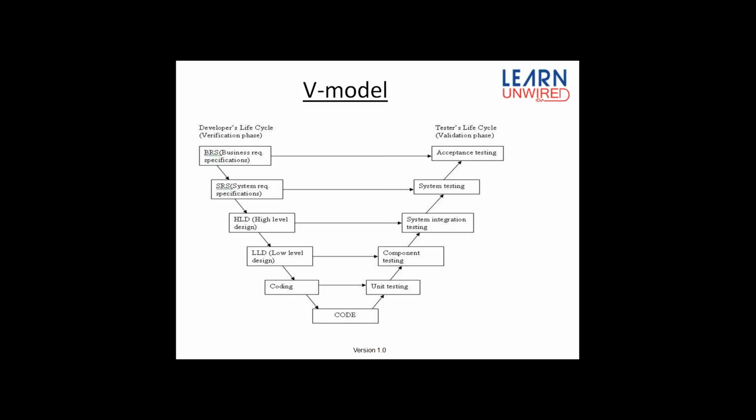The uniqueness of this model is that the development phase and the testing phase go hand in hand. The testing phase does not wait for the development to complete, but it starts right from the beginning. We will study this in more detail when we go to the actual course.